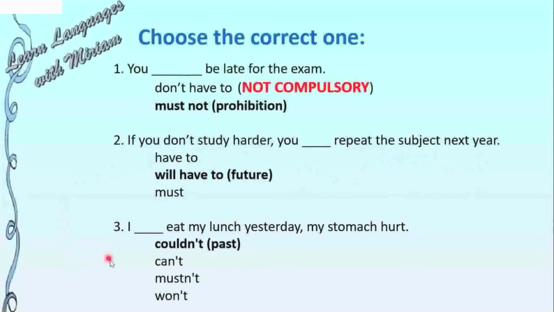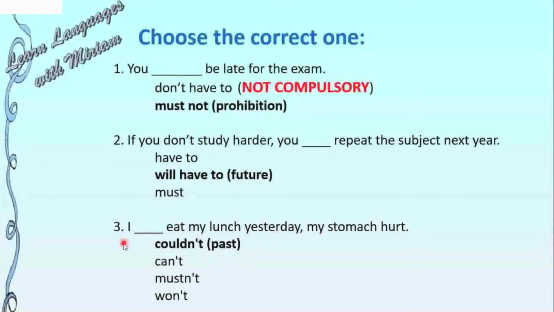3. I blank eat my lunch yesterday. My stomach hurt. The correct answer is couldn't. In the past. Can in the past. Why in the past? Because here we have yesterday. I couldn't eat my lunch yesterday. So couldn't in the past.